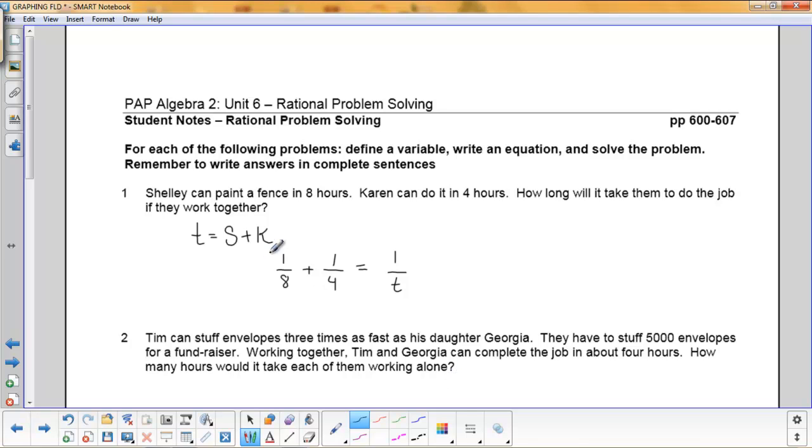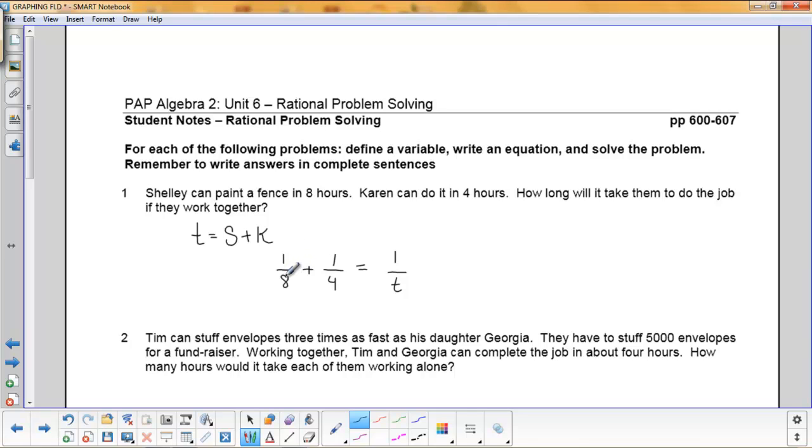Okay? So we're looking at a fraction of the time, because that's basically what's happening here. That one job is going to be divided into 8 hours. This single job is going to be divided into 4 hours for each person separately. However, together, we're going to add those fractions together, and that's going to give us our result.